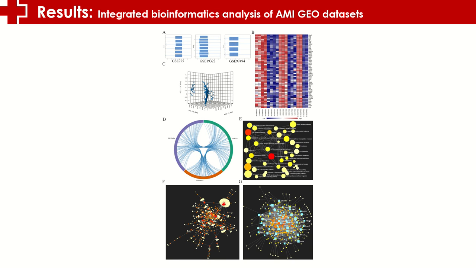First, we do the integrated bioinformatic analysis of the acute myocardial infarction GEO datasets. In figure C, we found that the acute myocardial infarction and the control are separated, and it can be further analyzed. Figure G is the protein-protein interaction network of the DEGs using the acute myocardial infarction GEO datasets.